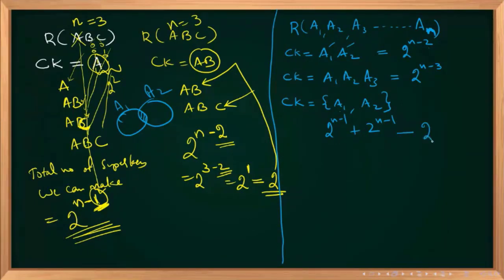Together, 2 power n minus 2. 2 attributes are there. Very good, Ria got the correct answer. Can I see some yes? So for the candidate keys A1 and A2, the answer is 2 power n minus 1 plus 2 power n minus 1 minus 2 power n minus 2.